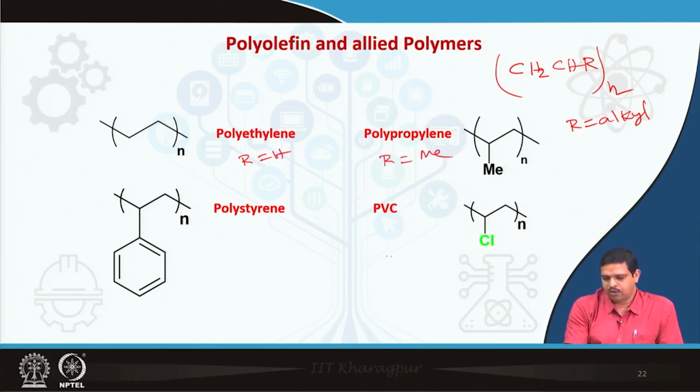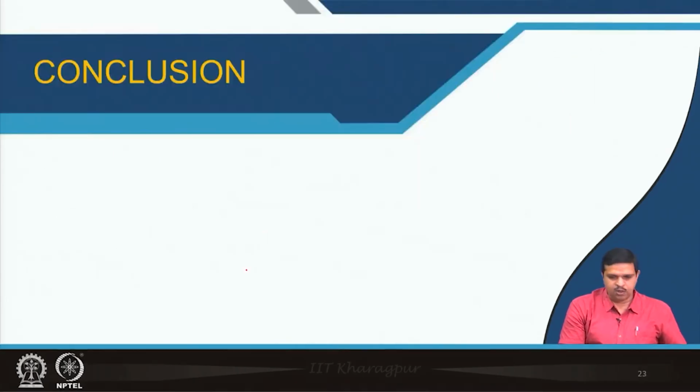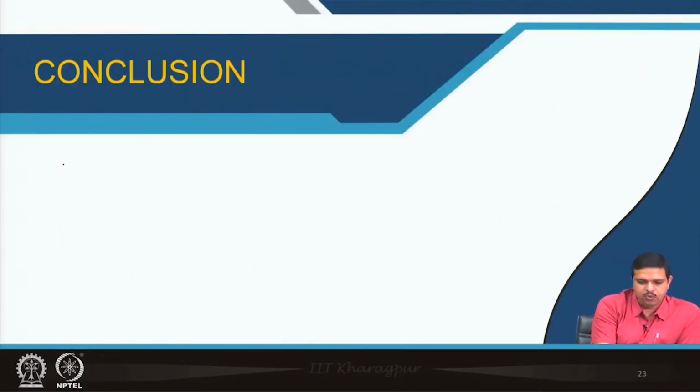Then the basic chemical structure of the polymers, how it looks like. Then we have discussed the basic and unique properties of the polymers.